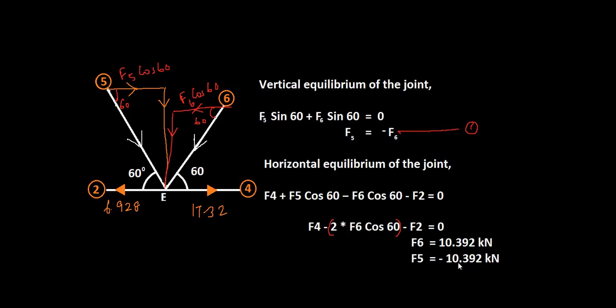So F5 is minus 10.392, and because F5 has got a negative sign, you have to reverse the direction of F5. So the direction of F5 will be away from the joint. So you can change the direction of F5 here, because that should be away from the joint.